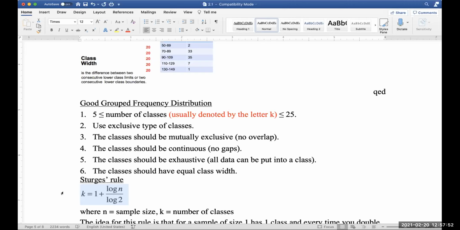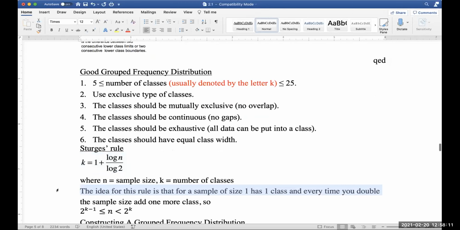starting point. So Sturgis Rule says that k, the number of classes, is equal to 1 plus log n, where n is the sample size, divided by log 2. So the idea for this rule is as follows. First, if you have only one piece of data, then you should only have one class.